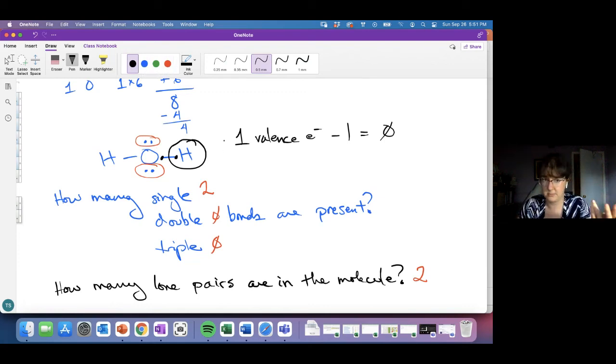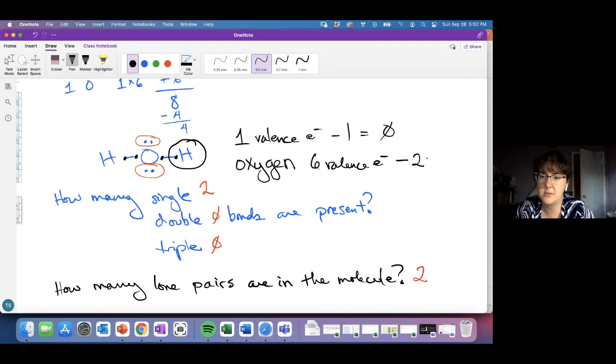So oxygen. Now, granted, I realize that a lot of you have not seen formal charge before and you're learning it as I'm doing it right now. But for oxygen, oxygen has 6 valence electrons. Then I'm going to split up its 2 sticks.